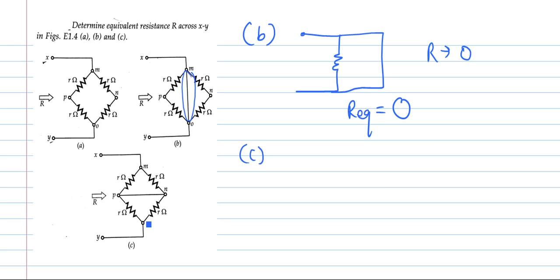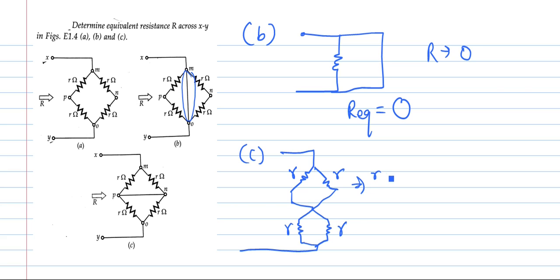Now for part C, we will find the equivalent value of resistance across the terminal XY. Here we can see this P and N are connected by a wire, or they are shorted. So this circuit can be made in this manner also. Here this is R, here it is also R. Now these two terminals are short. Here it is R and here it is R. So we can see here this PO is parallel with NO. So here these two resistances become parallel.